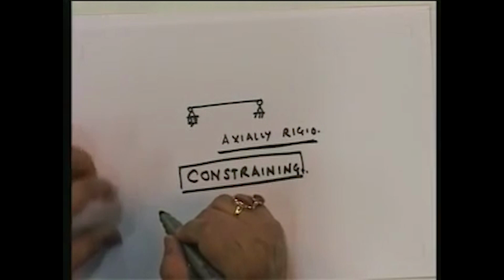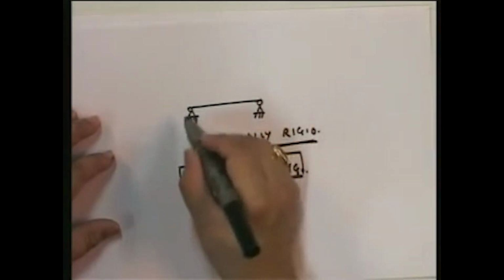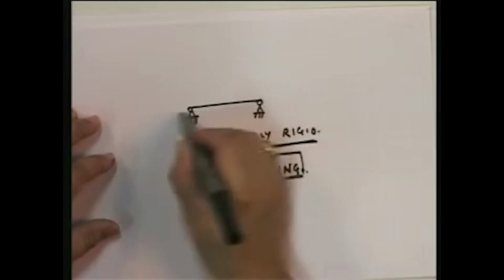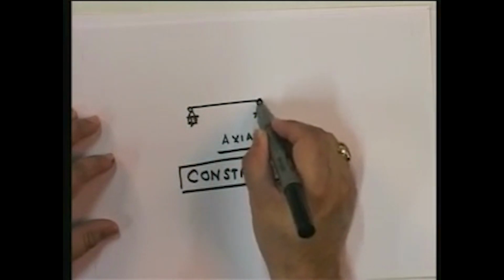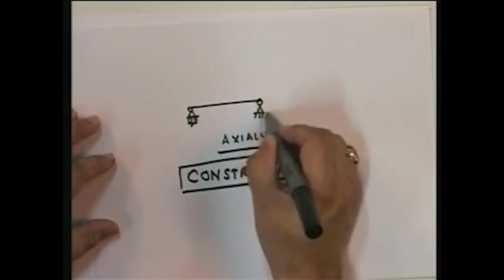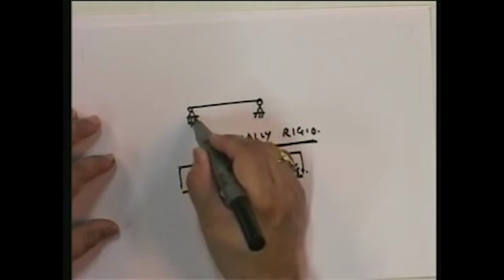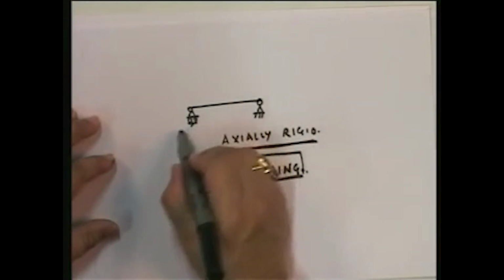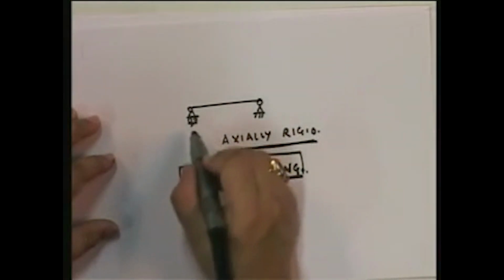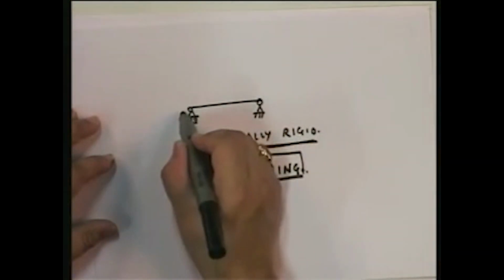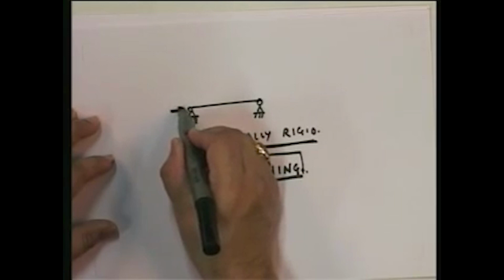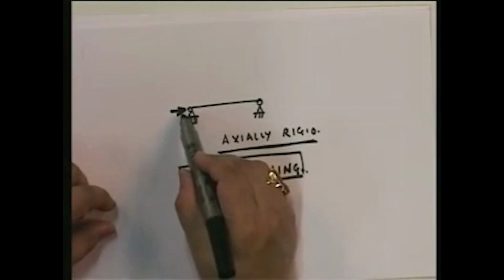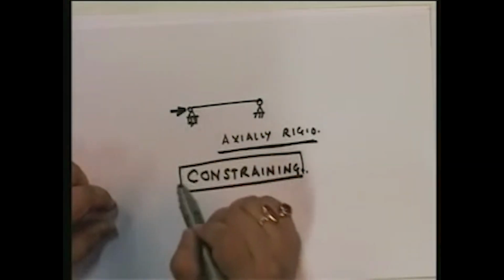Let's look at this. When I say that this member is actually rigid, what am I doing? Think about it. This cannot go anywhere. This can move horizontally. Forget about the rotational degrees of freedom. I'm looking only at the axial deformation. What happens? This can go this way. What happens when this goes this way?